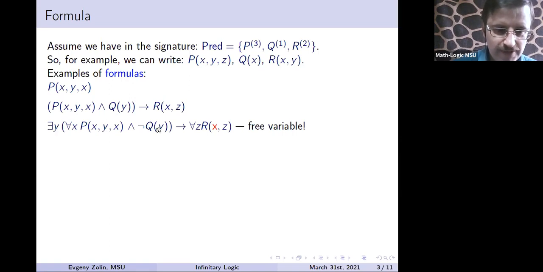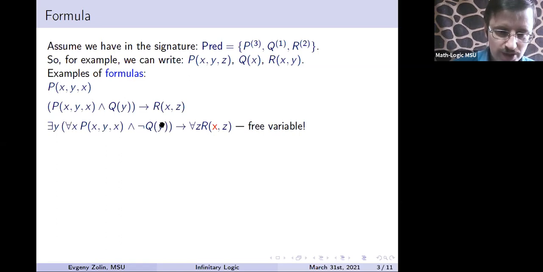If some variable is under the quantifier, it is called a bound variable. If it is not under a quantifier, it is a free variable. This x is not under any quantifier over x. So it is a free variable. And all other variables are bound variables. In particular, this x is a bound variable. It is under this quantifier for all x.